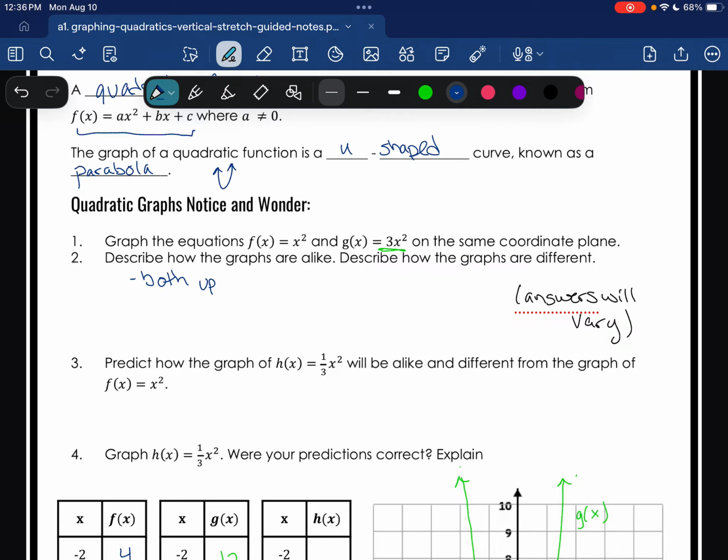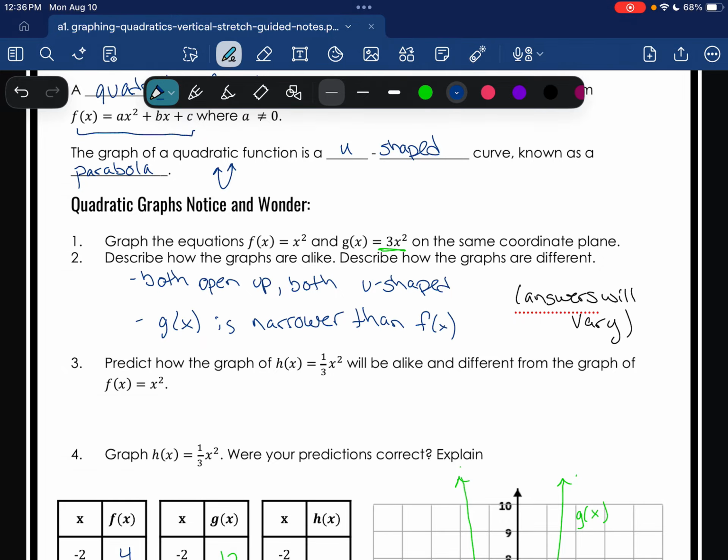They're still both U-shaped. Maybe you said something along the lines of g of x is narrower than f of x. I always say that we're body positive when we talk about graphs. We don't say skinny or fat. We're going to say narrower or wider.